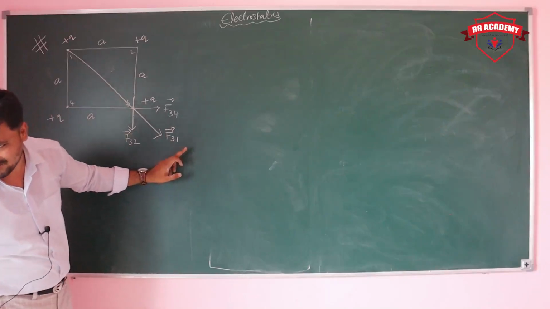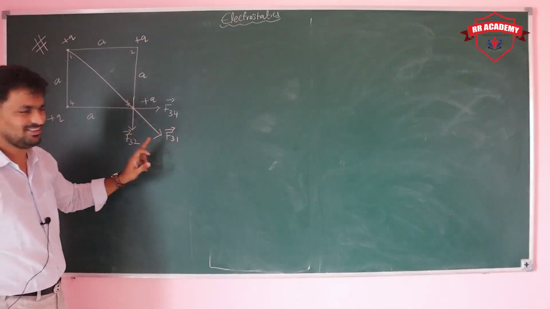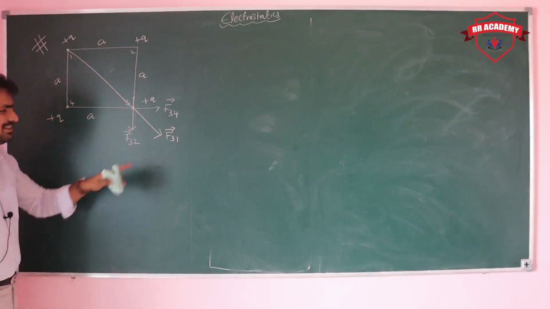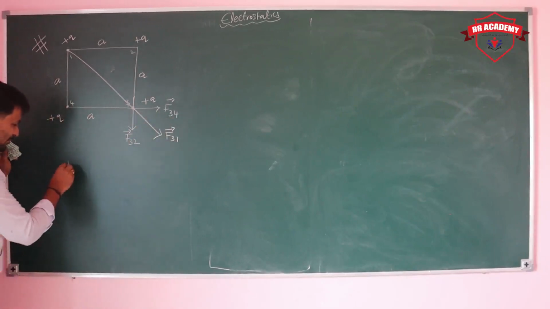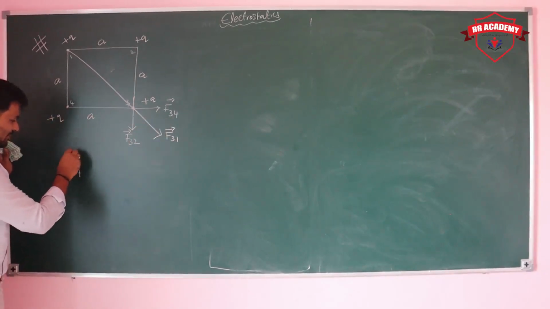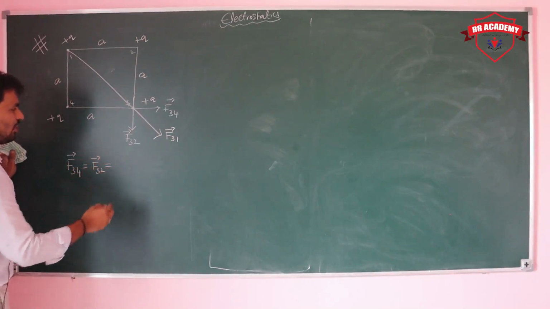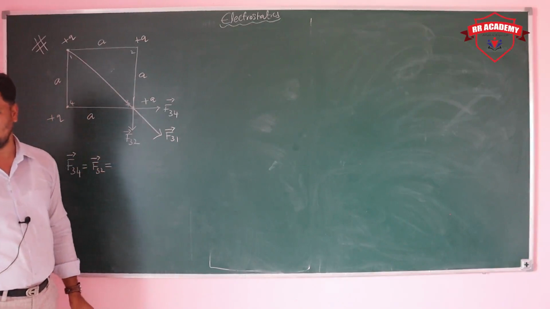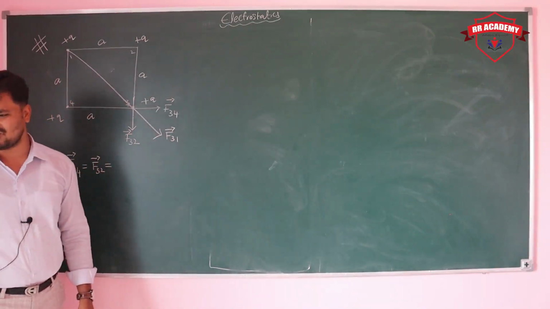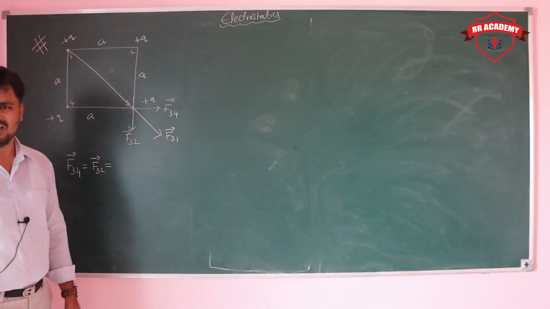Are you feeling sleepy? Listen carefully. F34, force on 3 by 4, and force on 3 by 2, both are same because they are equal in magnitude, same distance and same direction.